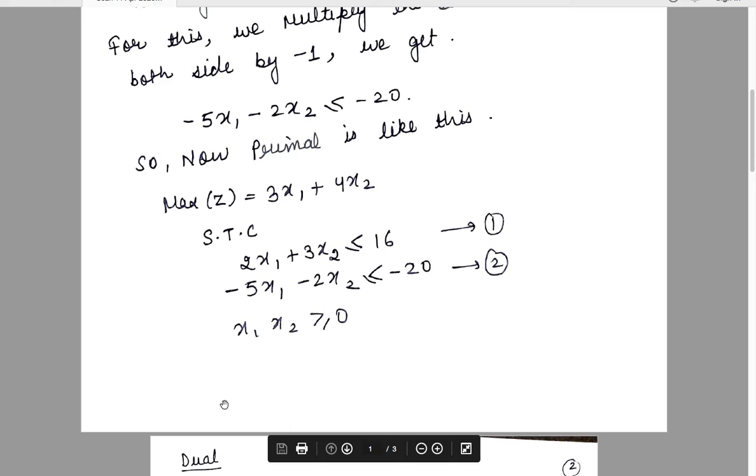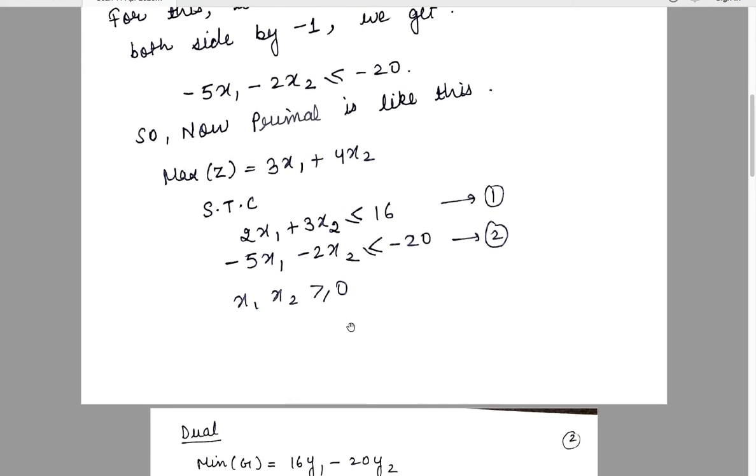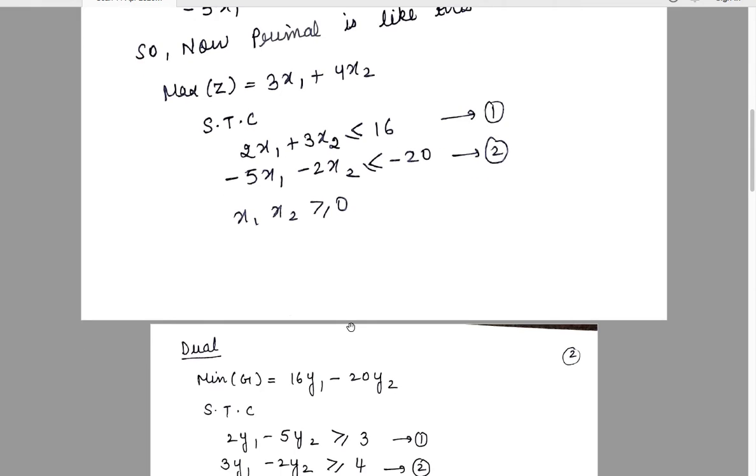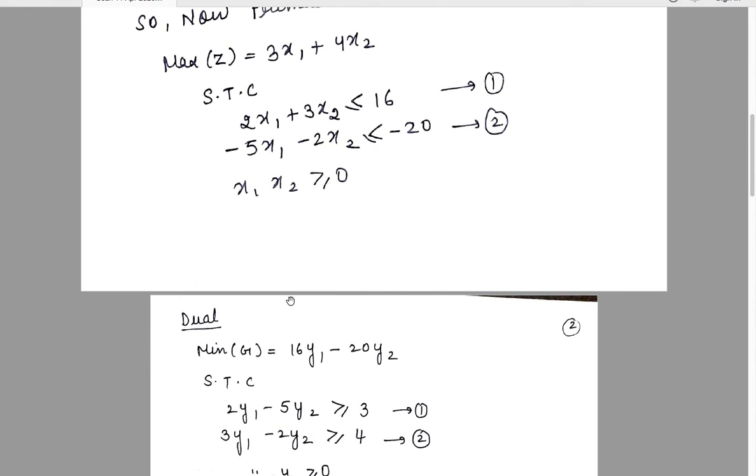So do you remember the case 2? In case 2, we were having objective function maximization and all the constraints there were of less than equals to sign. Now the condition is same. We can convert it into the dual with the same rules which we studied earlier in my first video.